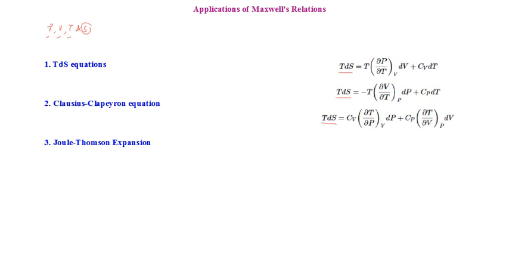As per the syllabus, we are expected to learn about two of these TdS equations. We will be shortly deriving two of these relationships. We will explain the relevance of this relationship, and I leave the derivation of the third TdS equation as an assignment for you. So let's go to the first TdS equation and its derivation.